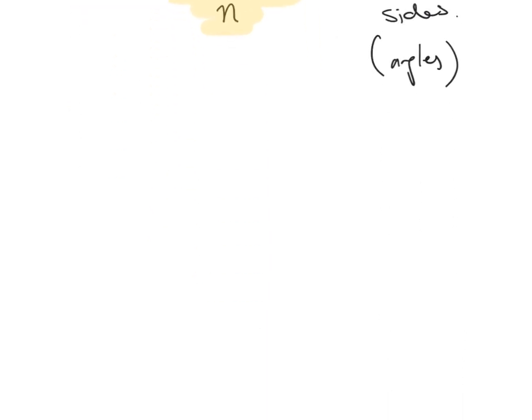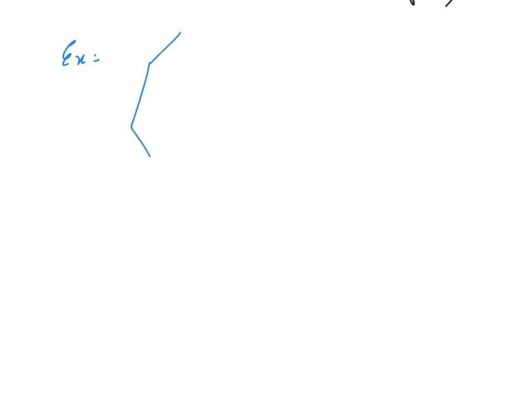Okay, let's have a look at a couple of examples. In the very first example, I have 95 degrees here, 170 degrees over here, 100 degrees here, 2x degrees here and 55 degrees over here. Step 1 is I need to find n, the total number of sides.